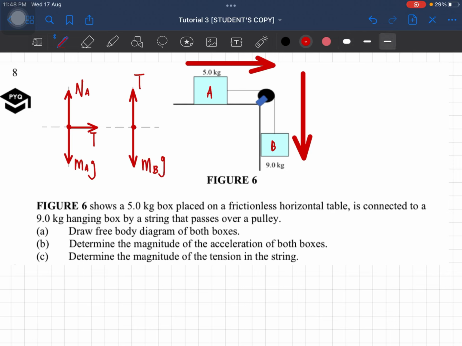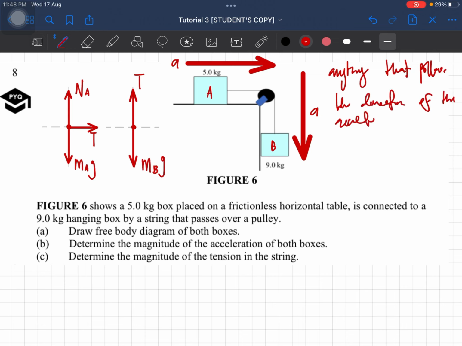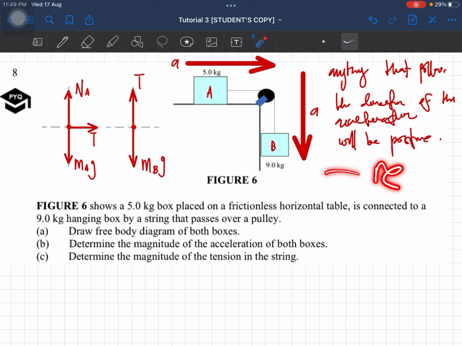Okay, there is one thing you need to understand now, really well. I think you should follow this sign convention. Anything that follows the direction of the acceleration will be positive. So whatever you do, anything that follows the acceleration must be positive. If it does not follow the acceleration, don't put positive, put negative.